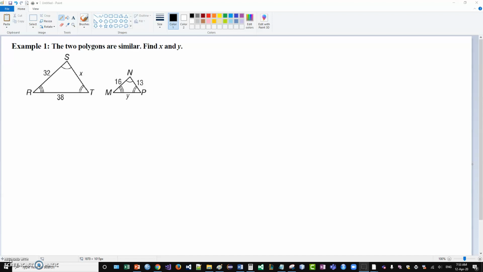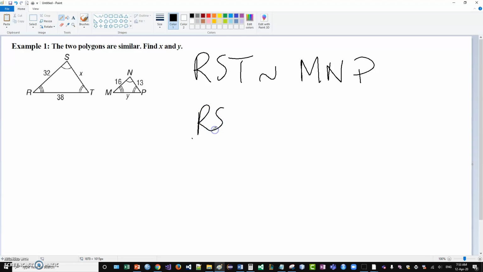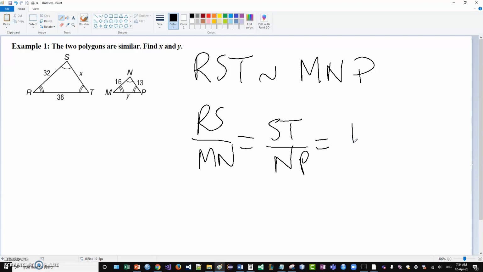Since RST is similar to MNP, we can conclude that RS over MN equals ST over NP equals RT over MP.